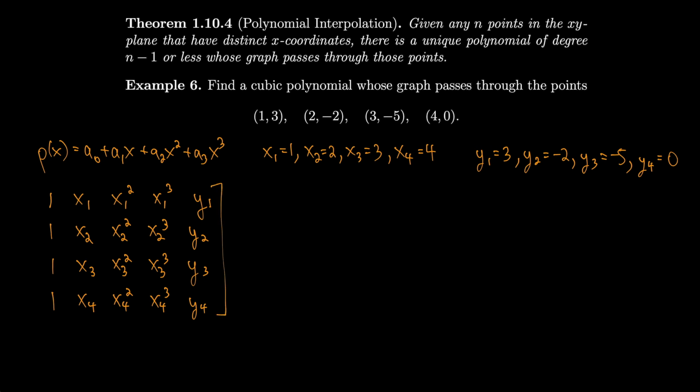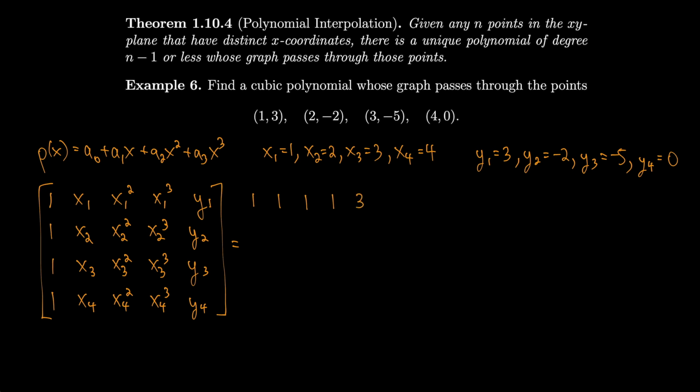Okay, so there's my matrix. I want that to equal the values that I chose, or the values I was given. So 1 stays 1, x1 is just 1, x1 squared is just 1, x1 cubed is just 1, and y1 was 3.